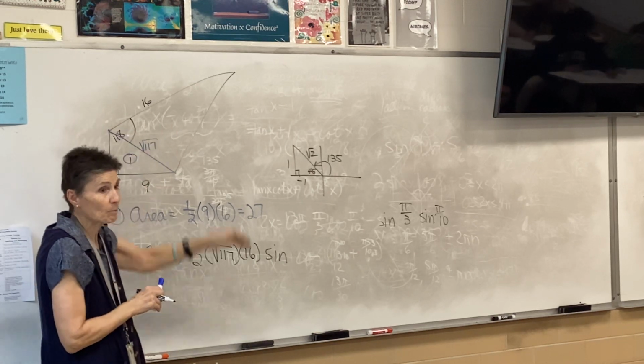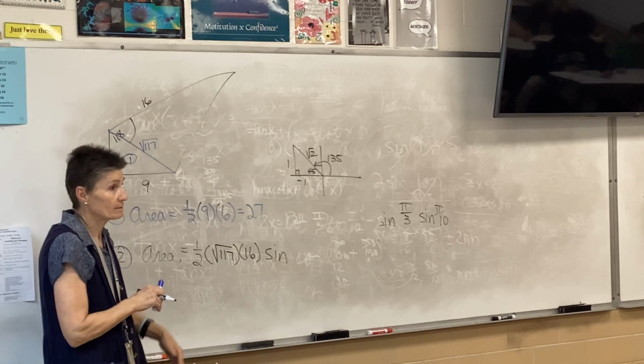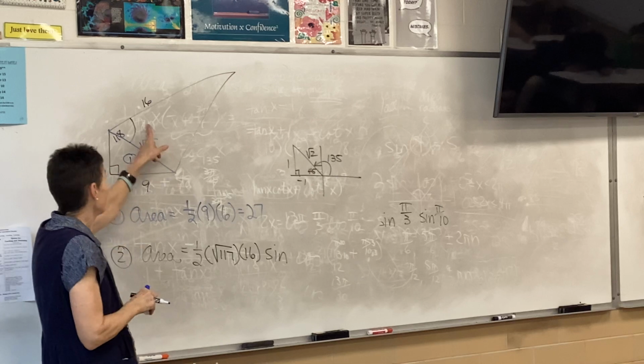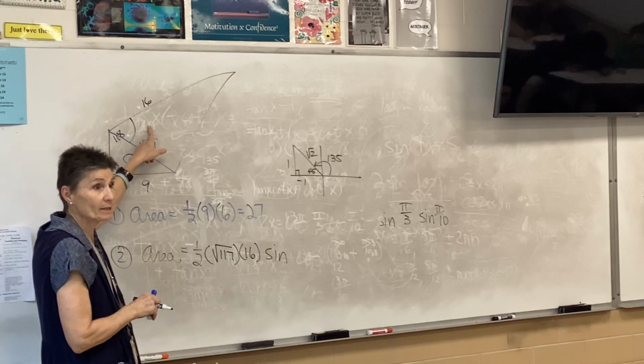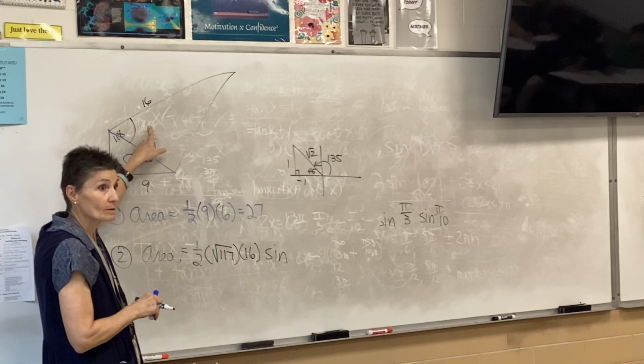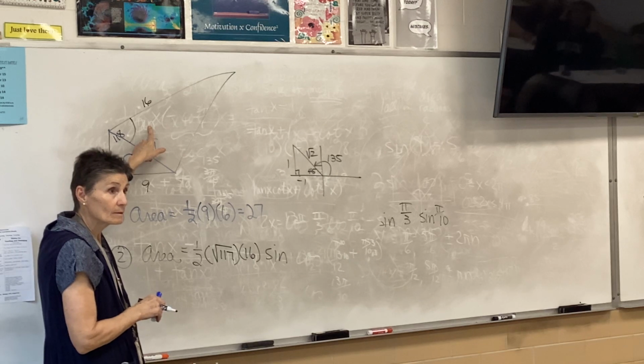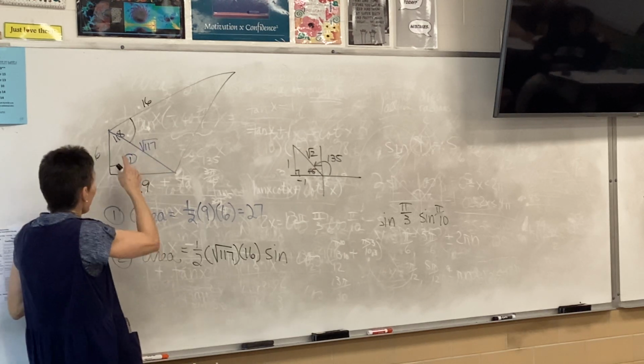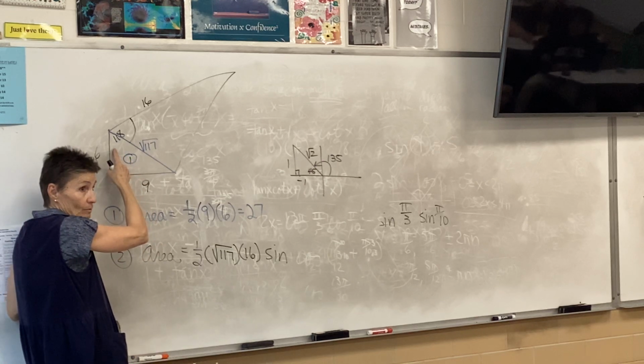Okay, we did this exact problem yesterday. How can I find that angle right there? I can't find that angle right there. What do I have to do, Catherine? Tangent of that angle would be 9/6. So I gotta find this angle, right?